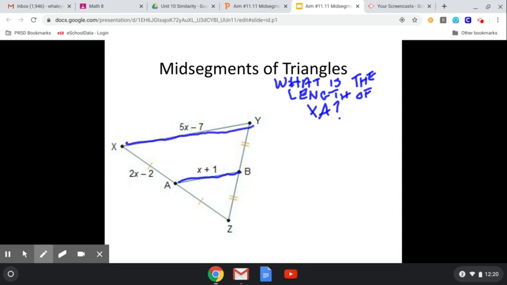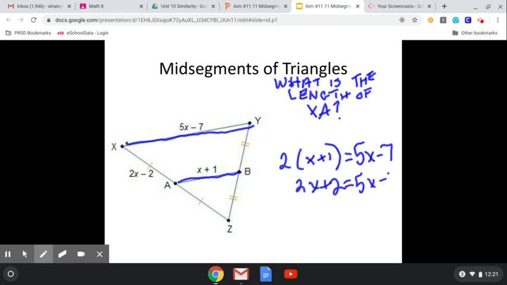So I could say that 2 times AB, 2 times x plus 1, is equal to 5x minus 7. And that might be the easiest way to think about it. You could say that 5x minus 7 divided by 2 is equal to x plus 1, but I'd rather not deal with the fraction. So 2x plus 2 is equal to 5x minus 7.